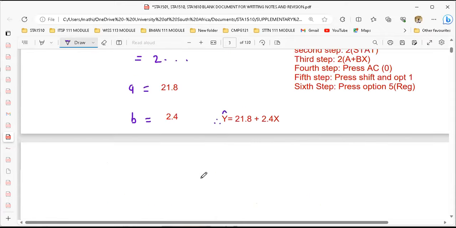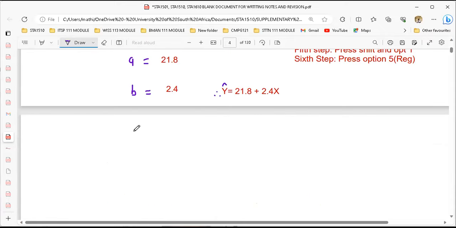If they give you such a question, you just say 2006 minus 2003, and the value of x is equal to 3 in this case. This is the value of x.